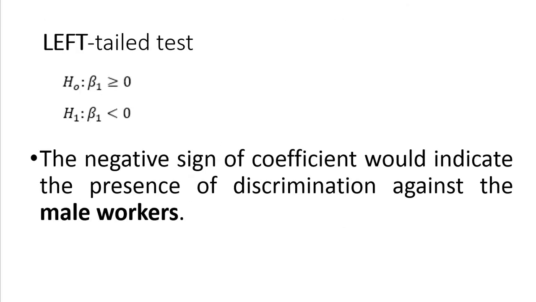Left-tailed test is the opposite. So zero hypothesis of this test states that beta 1 is bigger than 0 or equal to 0, and the alternative hypothesis is that beta 1 is negative or smaller than 0. Again, I would like to underline that instead of 0, you can put any value you use for comparison. We use 0 because this is a typical way to assess statistical significance of the variable.